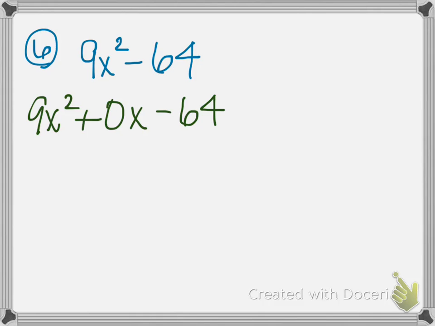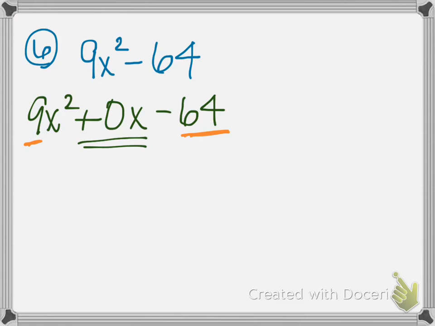So those two middle terms, like in the problem on the other page, canceled out and left me with 0 x's. So when I go to factor this, I recognize, which will make your life way easier, that 9 is a perfect square, 64 is a perfect square, and x squared, of course, is a perfect square.